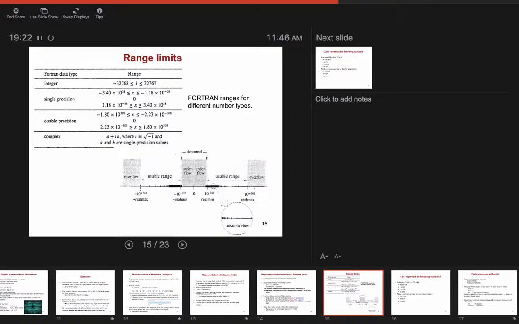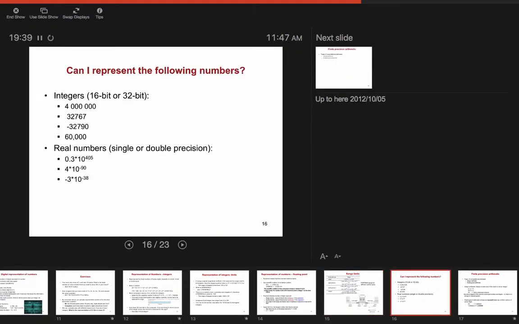It's 4,294,967,295. So does 4 million fit in there? Yes or no? Okay, yes.